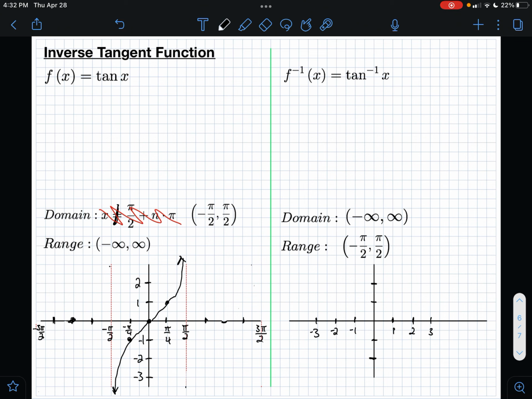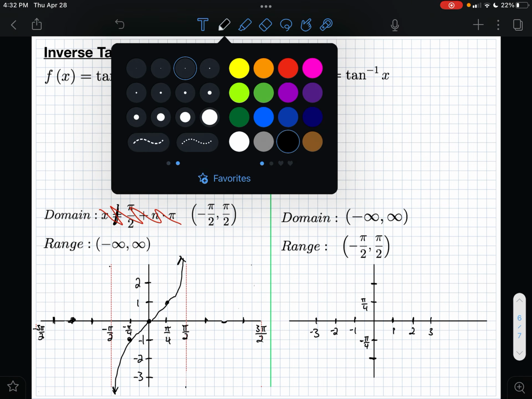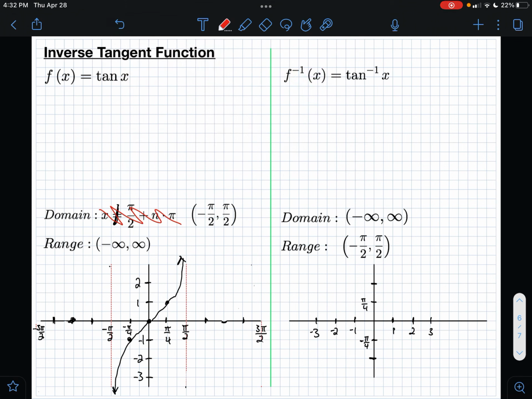Our asymptotes then are going to be at y equals pi over 2 and at y equals negative pi over 2.